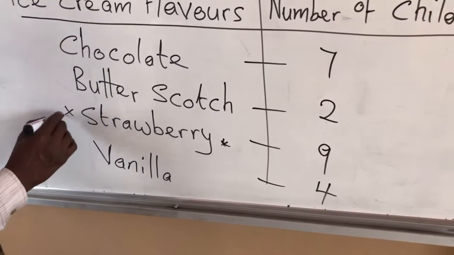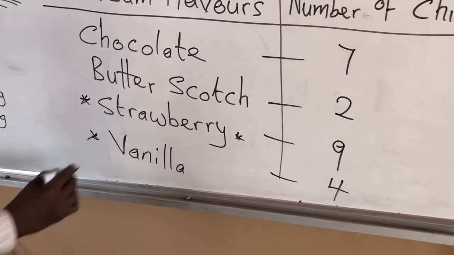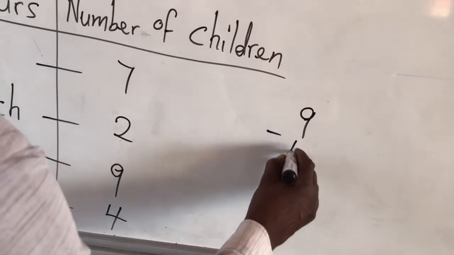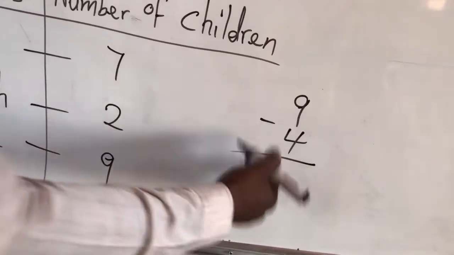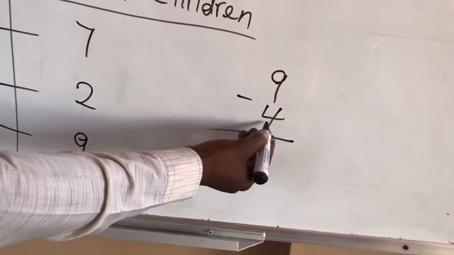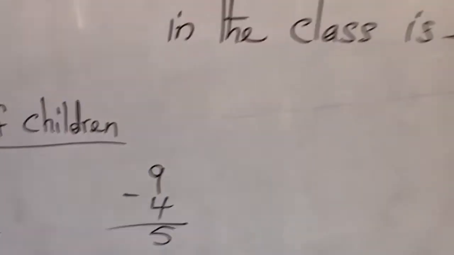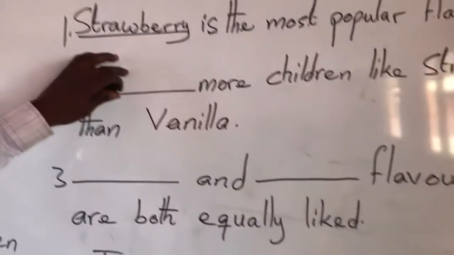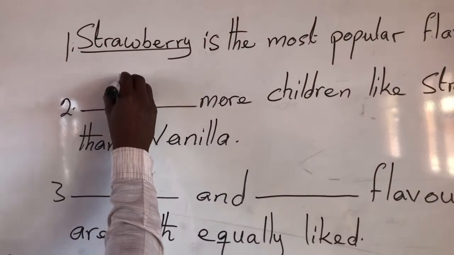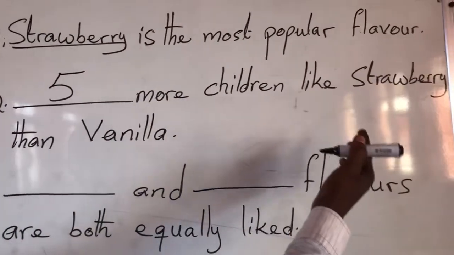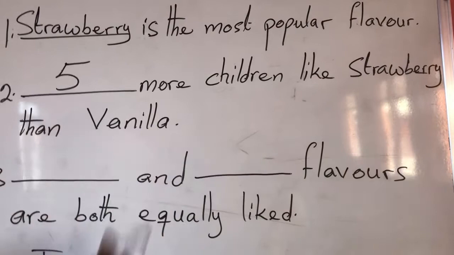This is strawberry, 9. Vanilla is 4. When you find the difference, 9 minus 4 is 5. So we have 5 more children who like strawberry than vanilla.